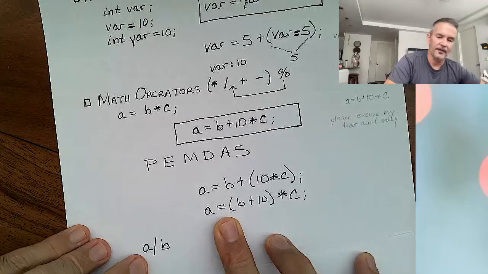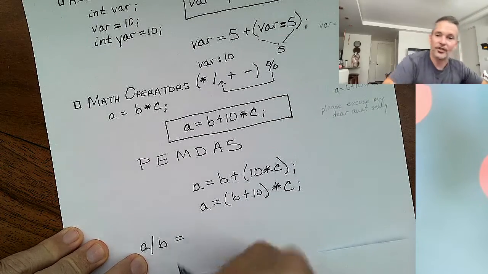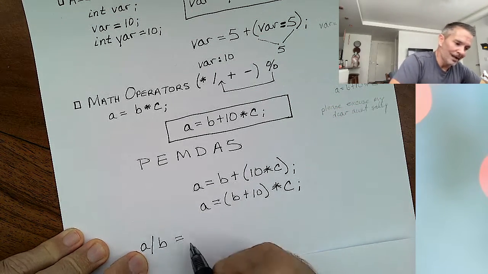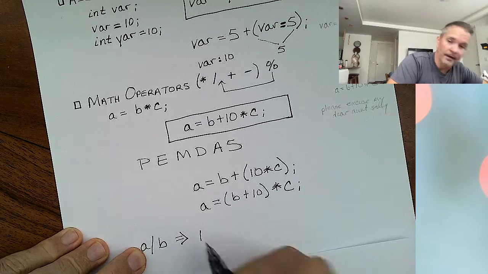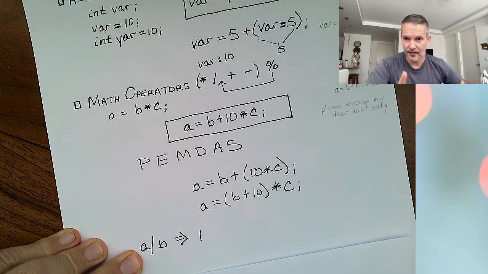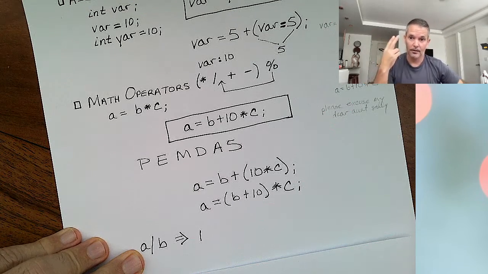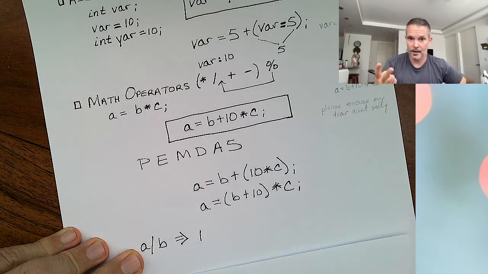So I'm saying 5 divided by 3. When I'm operating on integers, the result will be an integer. So when I say 5 divided by 3, the answer is 1. 3 will only go into 5 one time completely. And there are 2 left over. 2 is the remainder. Okay?